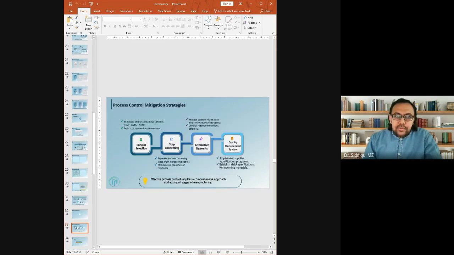So these are the process mitigation strategies, how we can mitigate the nitrosamines. To break the formation cycle, we must focus on process redesign, solvent substitution, reagent control, and optimized reaction conditions.